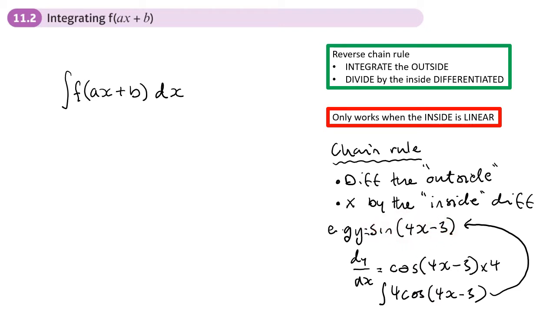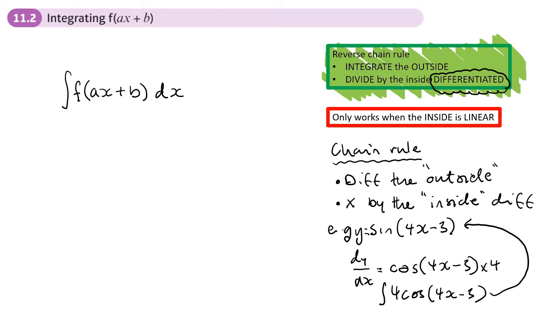Now notice with this reverse chain rule, part of the method of integration actually requires you to differentiate, which you might think is a bit odd, but we need to differentiate in the process of integration.